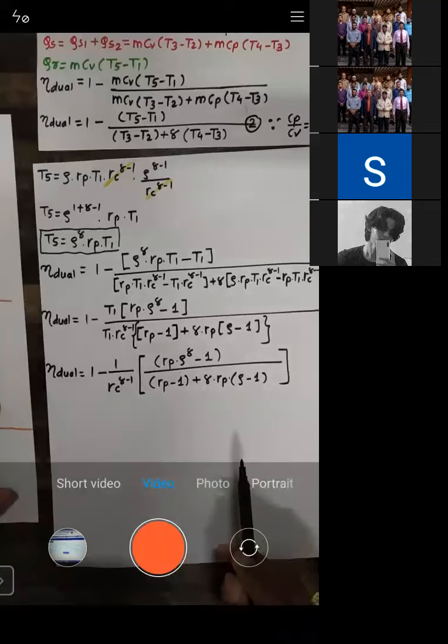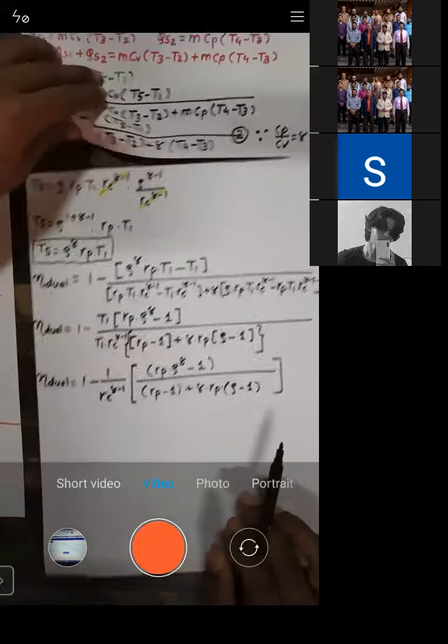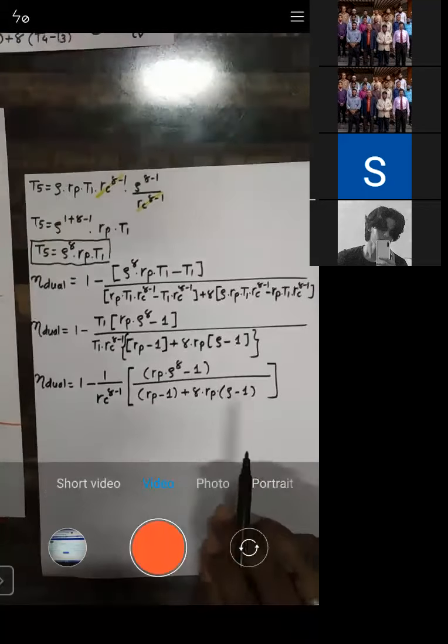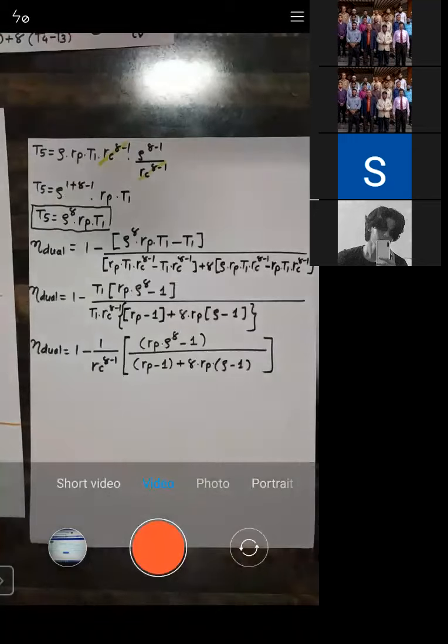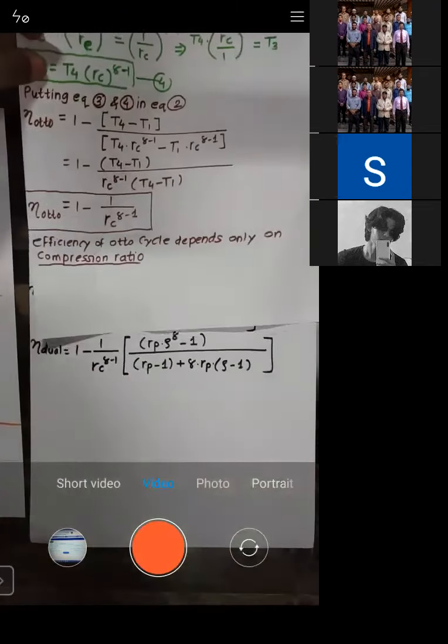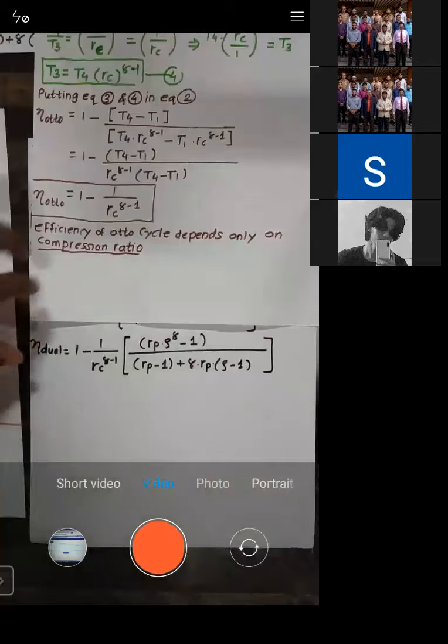Yes, sir. Okay. Now see, when we compare the formulas for efficiency, I will also show you those pages. See all of you, this is the formula for efficiency of Otto cycle.